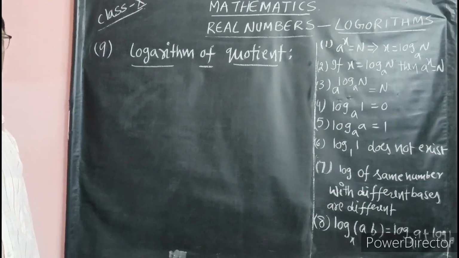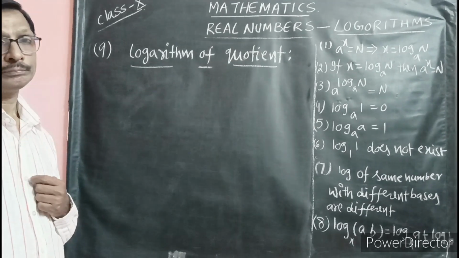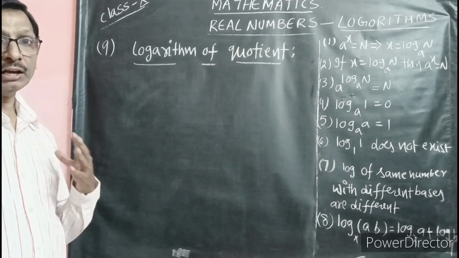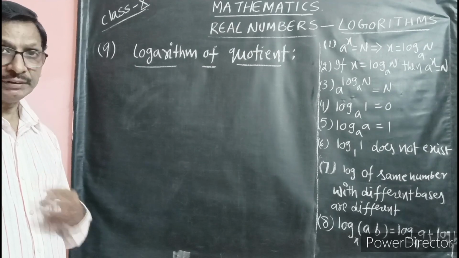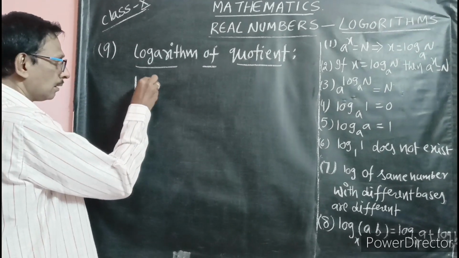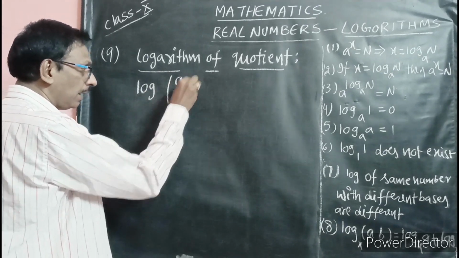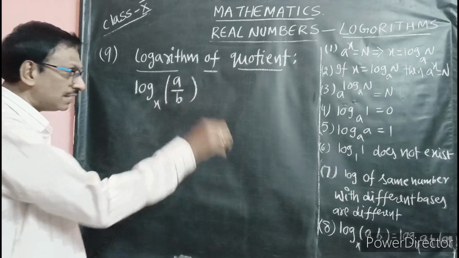In general, we take two numbers A and B. By applying logarithm to that division, the form is log A by B to the base x.